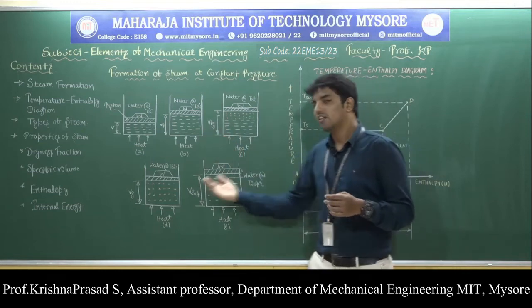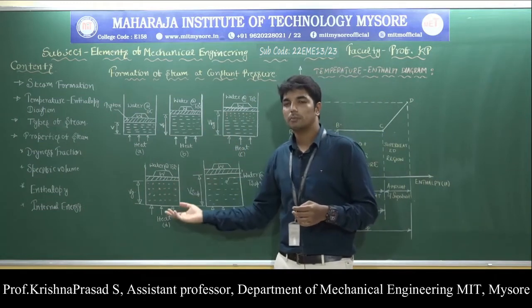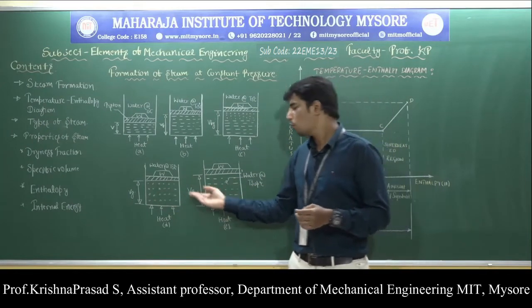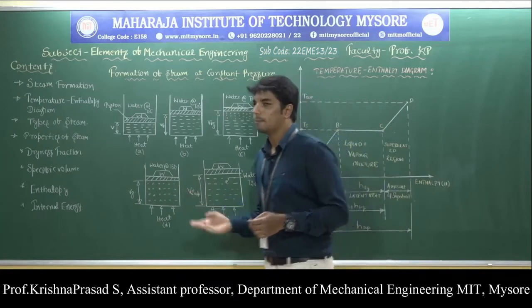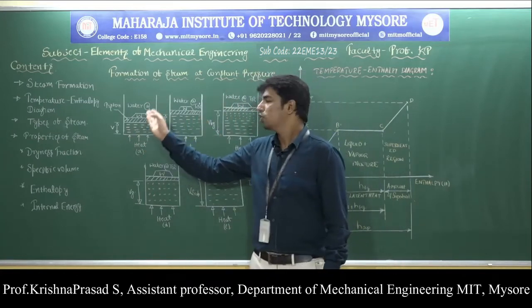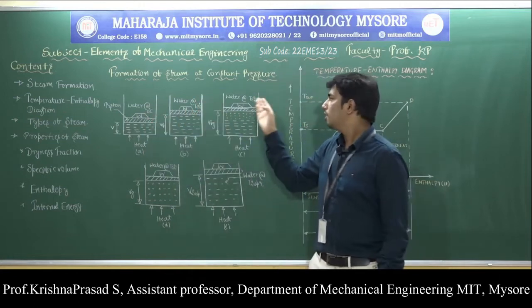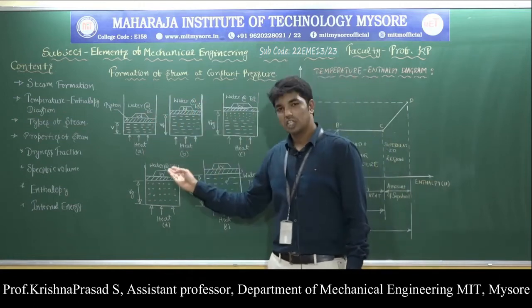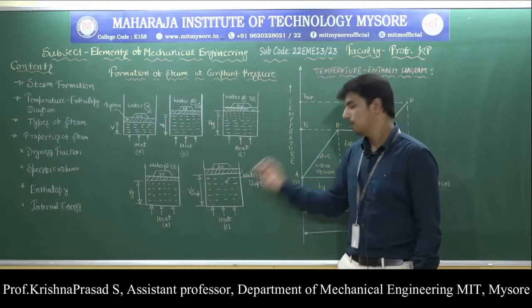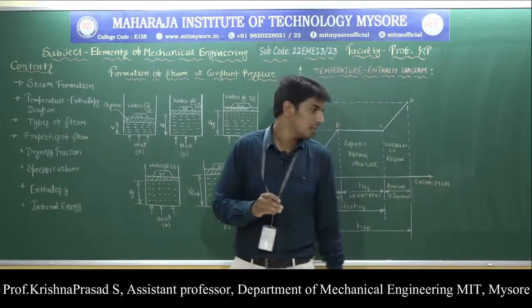Further, if the dry steam is heated above the saturation temperature, it is converted into superheated steam. The superheated steam occupies the volume VSUP. The temperature at the ice is 0 degree centigrade, at the wet steam and dry steam it is the saturation temperature, and at the superheated steam it is called the superheated temperature. So next, the last one.